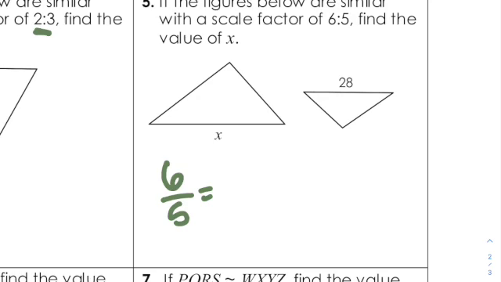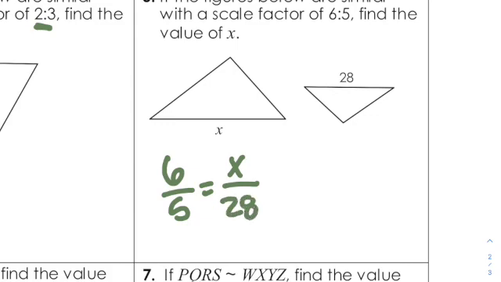Which one's the bigger number, 6 or 5? 6 is the bigger one, and it's up top. So which one needs to be up top on the fraction to the right, the x or the 28? You should say the x, because again, 6 was the bigger number, it was up top. x is a bigger shape, so it needs to be up top, and then 28 will be at the bottom.